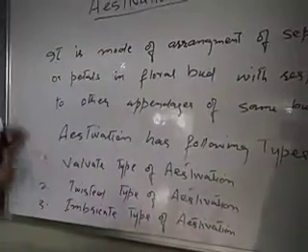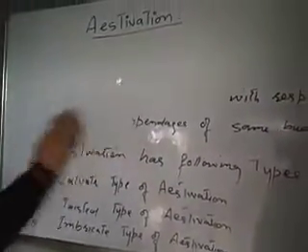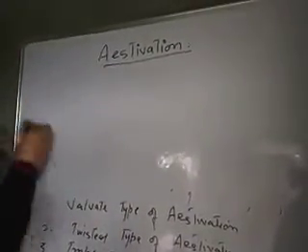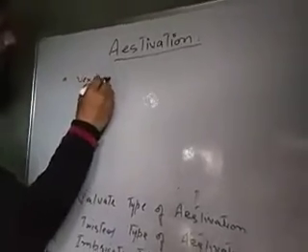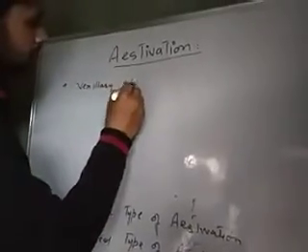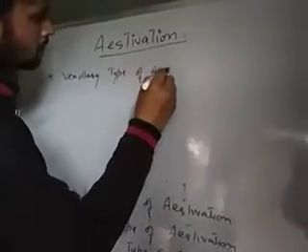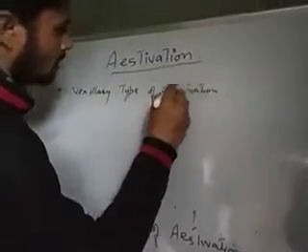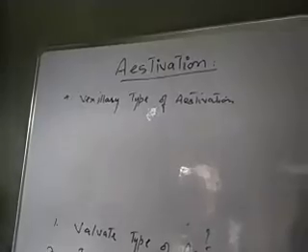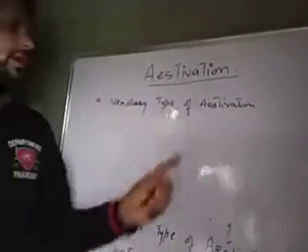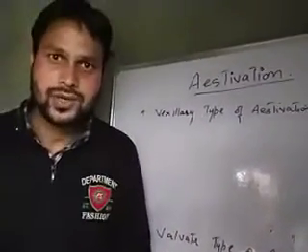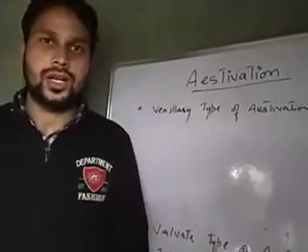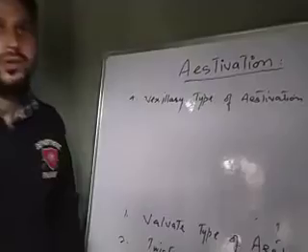And the fourth one is vexillary type of aestivation. So aestivation has different types like valvate, twisted, imbricate, as well as vexillary. Now I am going to explain one by one.